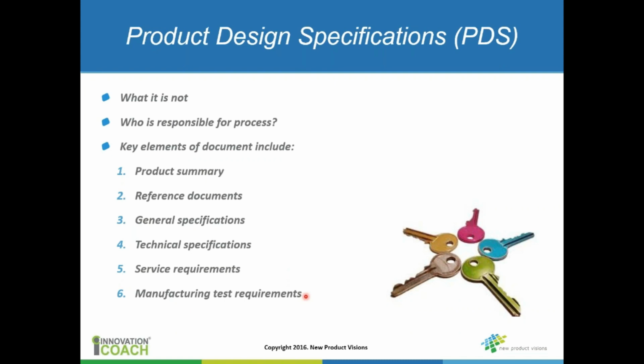That's why it's very important to spend time on this document and have it as part of your phase gate process, because it's a good way, from the very beginning of the project, to start thinking about the technical specifications, how you're going to test for it, and which of those you're going to actually test in manufacturing.